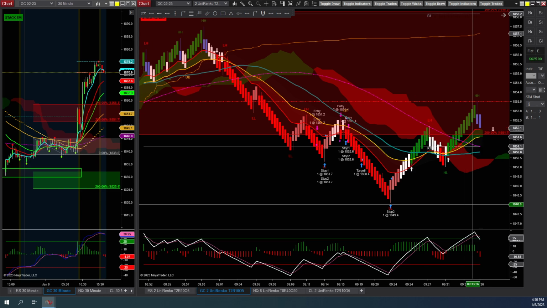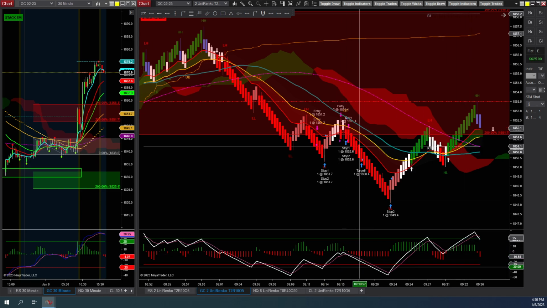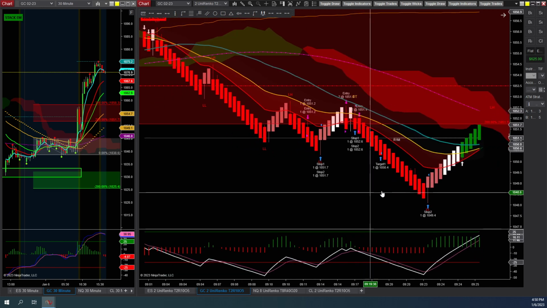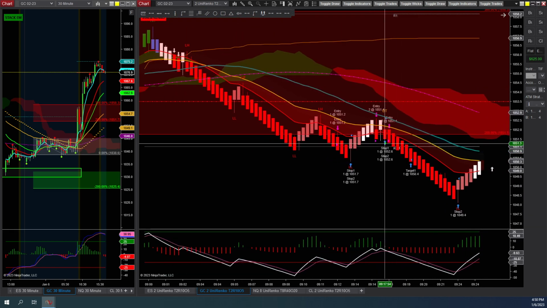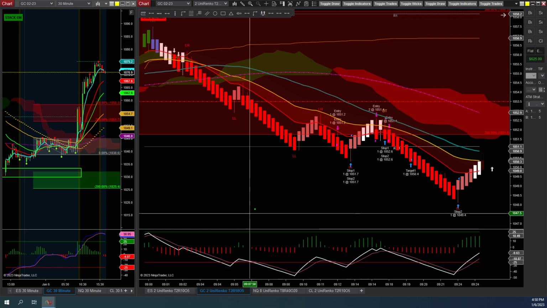So not very happy with that, but I entered this second wick out of the cloud, a second wick out of the moving average. I'm going to explain one setup that is very common that you will see all the time. It's this formation here.